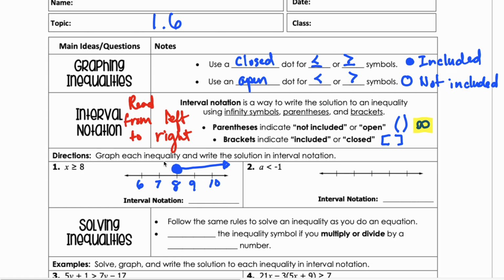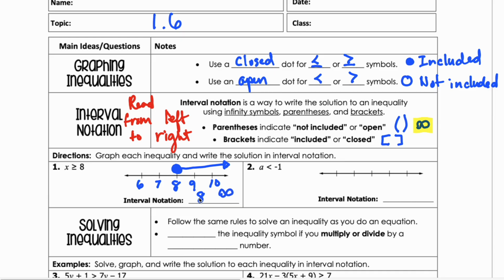So if I'm reading from left to right here, my eye is going to hit this bubble first at the 8. So I'm going to put my 8 first. And then from there, I see the arrow. The arrow tells me that this is going to go on and on forever, to infinity.